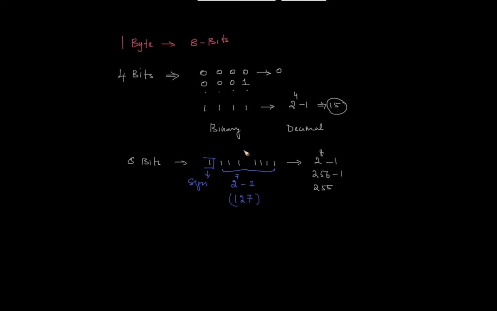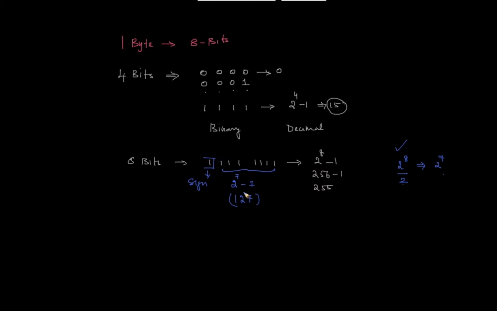Right? So if 1 bit goes for the sign, only the remaining is available. So what is the connection between 2 power 8 and 2 power 7? 2 power 8 divided by 2 is 2 power 7, right? So without sign, I can store 2 power 8. With sign, I can only store 2 power 8 divided by 2.